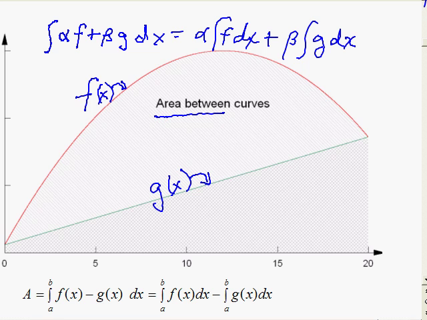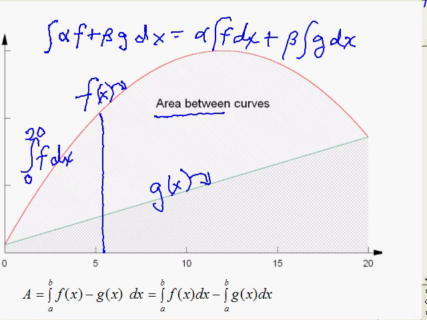How this applies to the area between the curves is that, first, I calculate the area between f and the x-axis. This is the integral of f dx. That will give me the area between the red line and the x-axis. Here we're going from 0 to 20. This is a definite integral, so we'll put the limits 0 to 20.